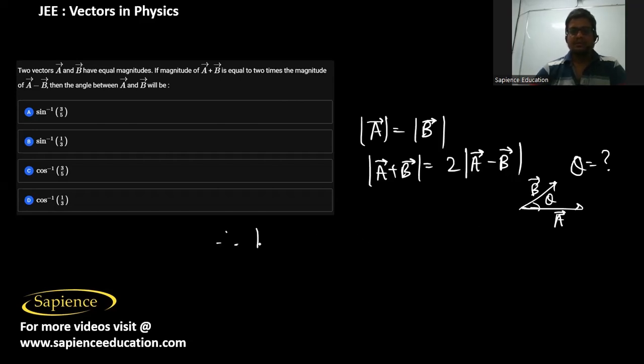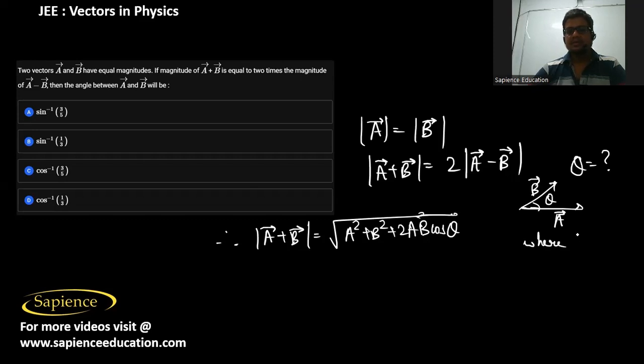So now the magnitude of a plus b is given as square root of a square plus b square plus 2ab cos theta, where theta is the angle between the vectors a and b, where a means the magnitude of vector a and b is the magnitude of vector b.